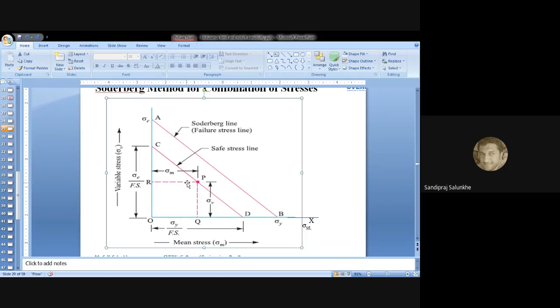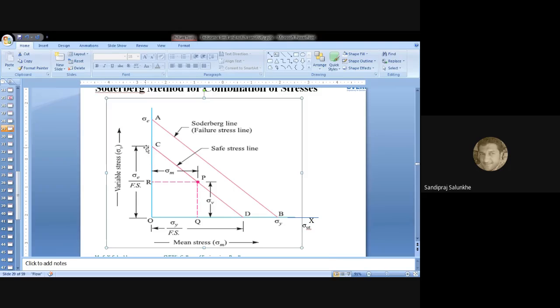From these two values, if you join a line passing through point P and extend it to the x-axis as well as the y-axis, where it touches the y-axis will be the limiting value of our point of interest P.